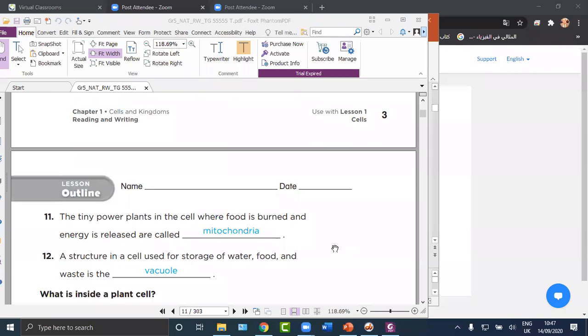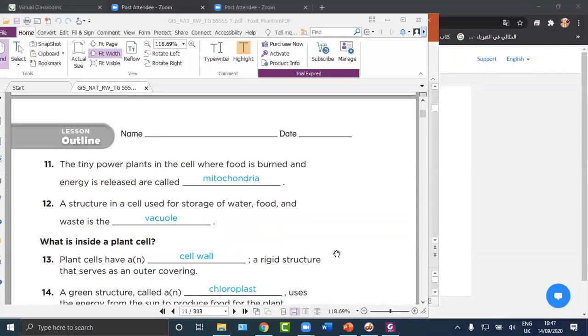Now, that is number 12, structures. Okay, now 13. Plant cells have a cell wall, a rigid structure.